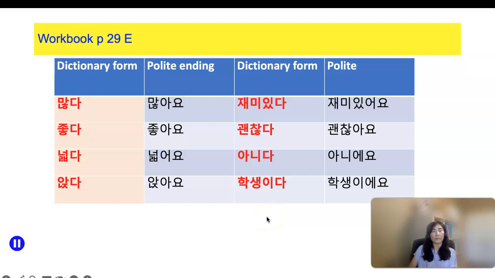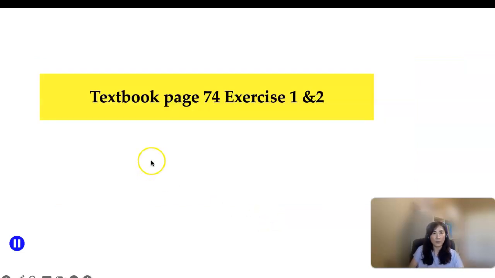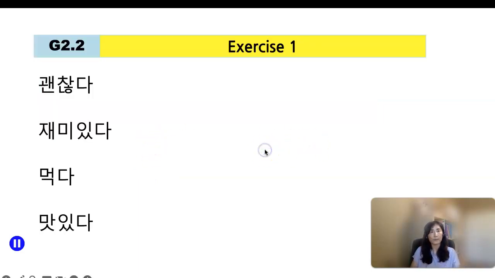네. Okay. 자, and also, let's take the textbook. Textbook, turn to textbook page 74, and we'll do exercises 1 and 2. Exercise 1. The first one is conjugation. 괜찮다.